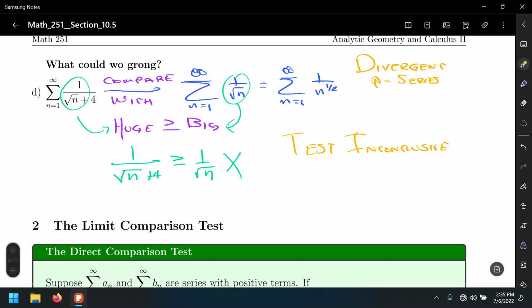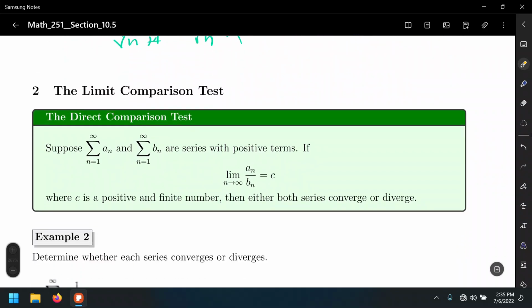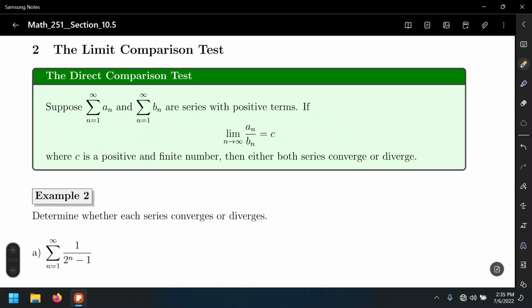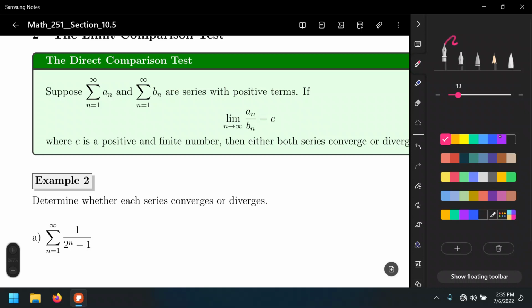Plan B will be to use the limit comparison test. Same idea: we have a complicated, ugly-looking series, and we need a simpler-looking series to compare it with. But in this case, we're going to find the ratio of these two quantities.